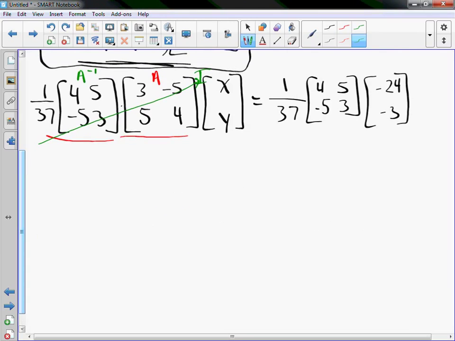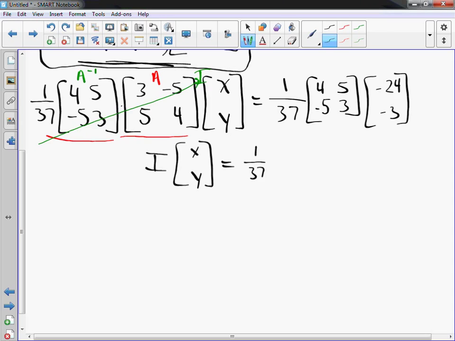Okay, so on the left-hand side here, I have the identity matrix times xy, and on the page over, we just said that that is xy. Okay, and on the right-hand side, I'm going to leave the 1/37 for now, and I'm going to multiply the other two matrices. Okay, so row 1 of the first matrix times column 1 of the second matrix.